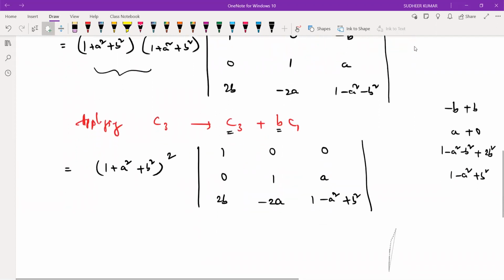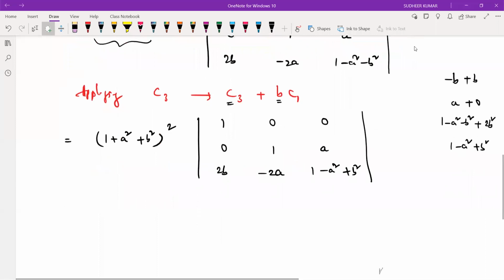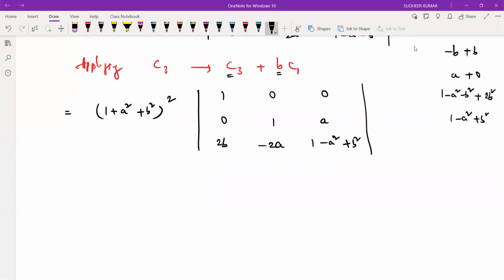Next. Now as we got the utmost number of zeros in R1, we can expand it. Now expanding along R1, what do we get as the result?